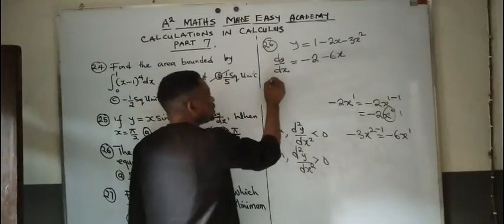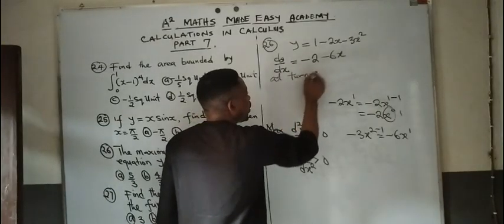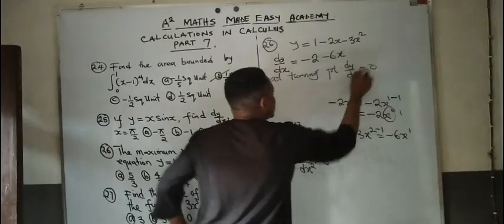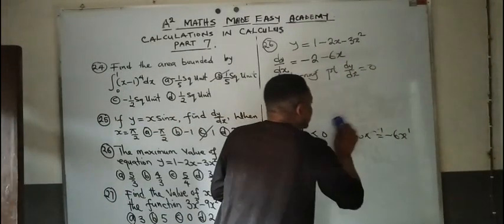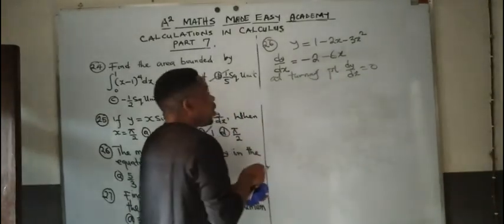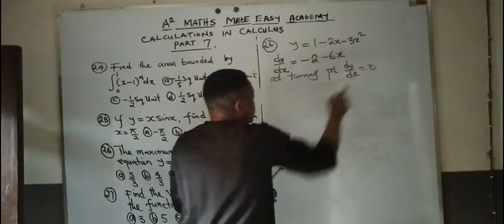Then after that, there is what we call the turning point. At the turning point, what happens? dy/dx is always equal to 0. Anytime you hear the word turning point, and they ask you what is a turning point, it is that point where the first order derivative, or dy/dx, is 0. So anywhere we see dy/dx, put 0.